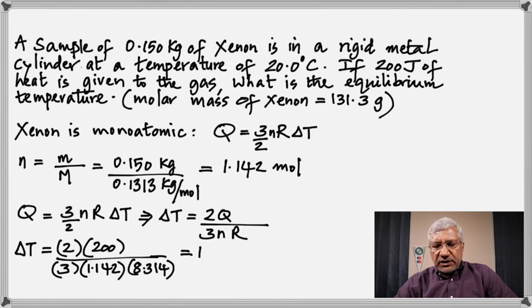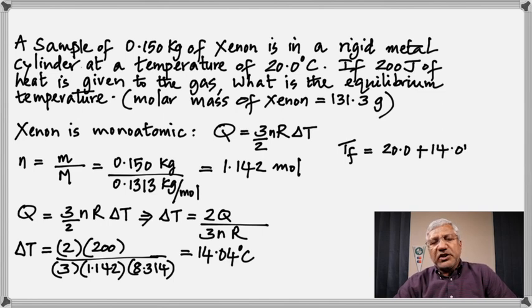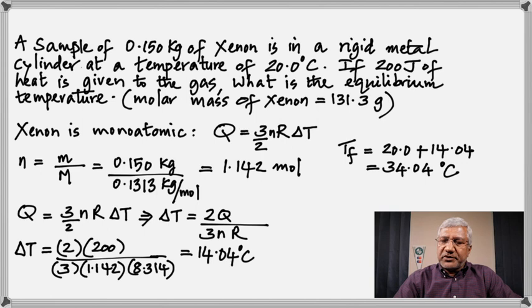So that is 14.04 Celsius. So if that is the change in temperature, the increase in temperature, then the final temperature is just the initial plus this change. All in Celsius, so we got 34.04 degrees Celsius as the final equilibrium temperature.